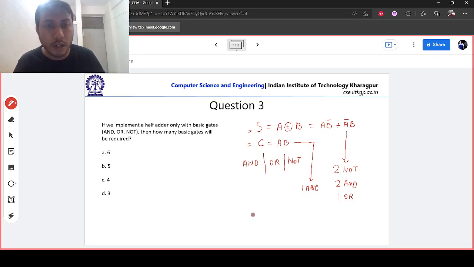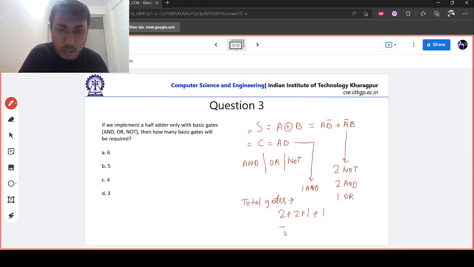So what is the total gates required? Total gates required is 2 plus 2 plus 1 plus 1, that is 6.